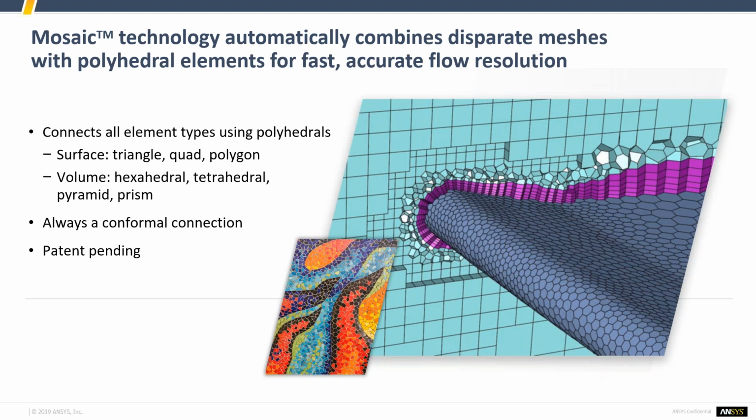One of the main things behind this is the Mosaic technology, which enables you to do different surface meshes and different bulk meshes and combine them conformally from the boundary layer until the bulk mesh. What we're seeing here is a poly surface mesh with some prisms and poly cells connecting to a hex cell and some hanging nodes as well.